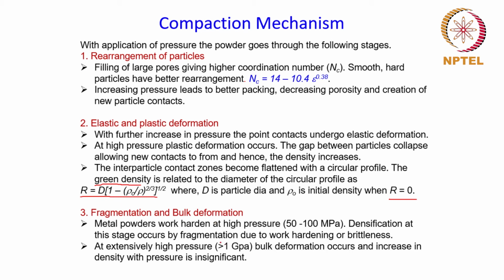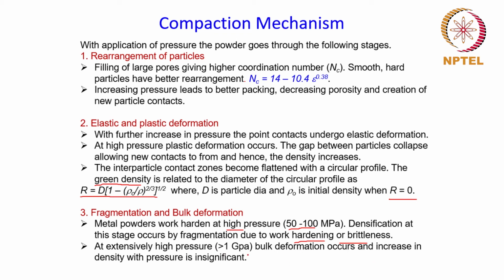The next stage, as we have seen, is the fragmentation and bulk deformation. Metal powders, when they go through the plastic deformation process, will work harden, particularly at high pressure in the range of 50 to 100 megapascal. And densification at this stage will occur by fragmentation due to work hardening or brittleness, as we have discussed before.